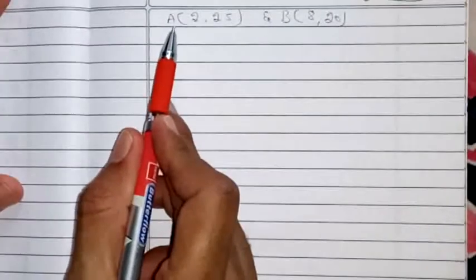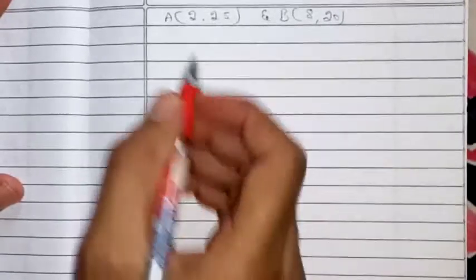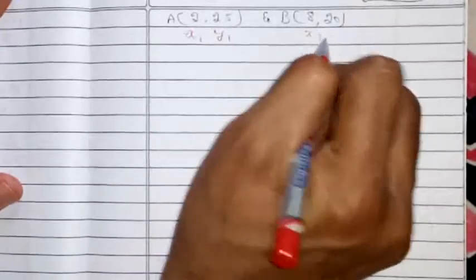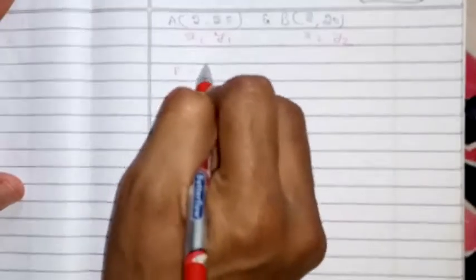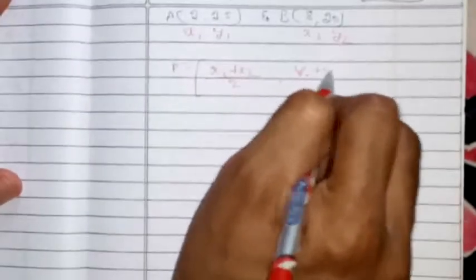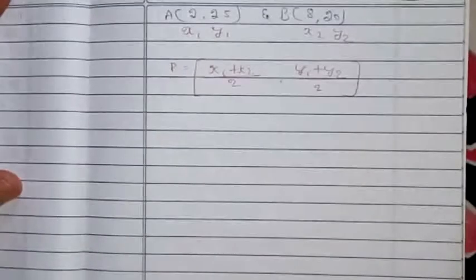The coordinates are A of 2, 25 and B of 8, 20. Write down as usual: this one as x1, y1, this one as x2, y2. Now again I'll write the formula: P equals ((x1 plus x2) divided by 2, (y1 plus y2) divided by 2). Right, children?